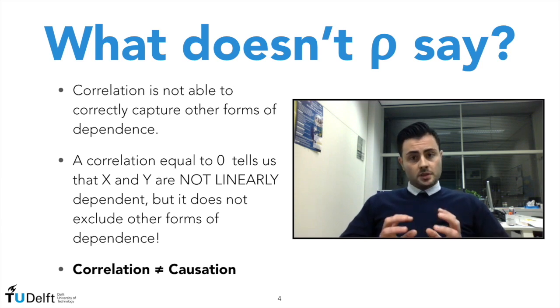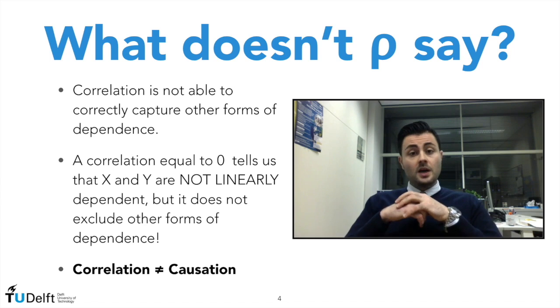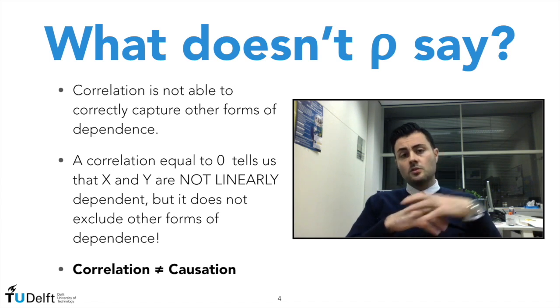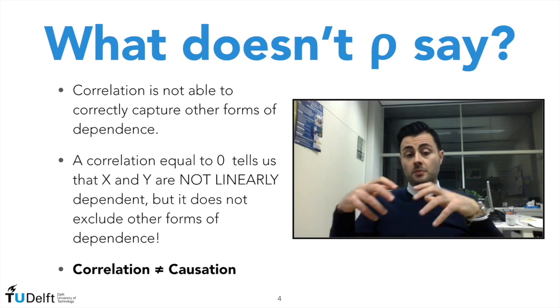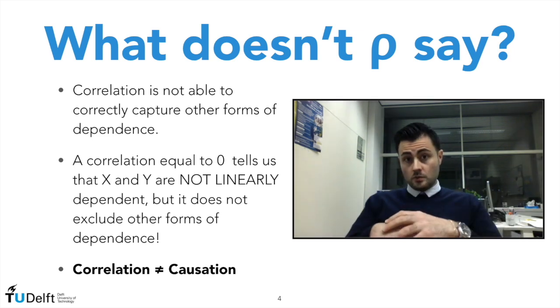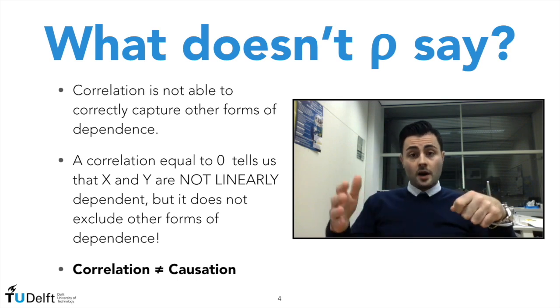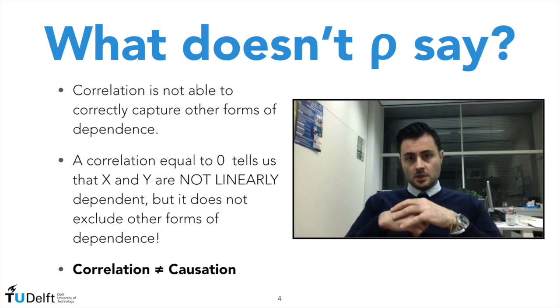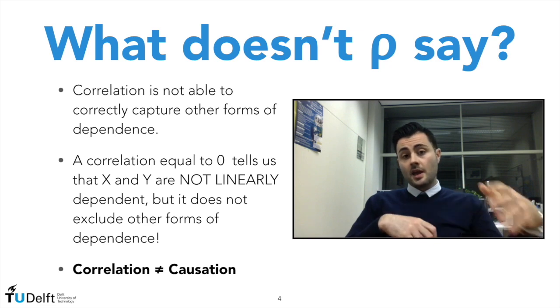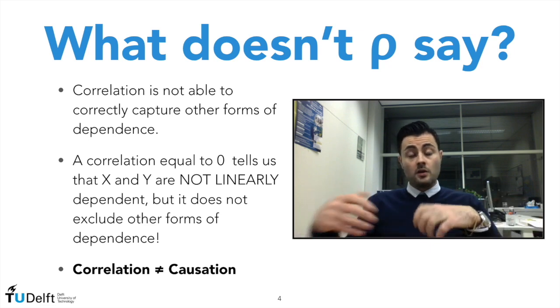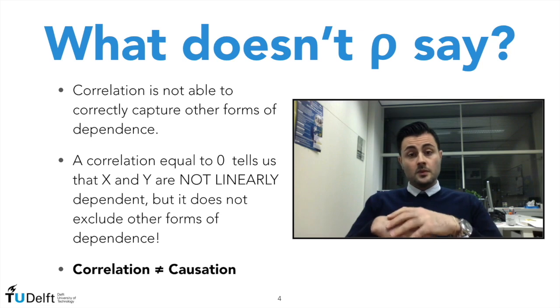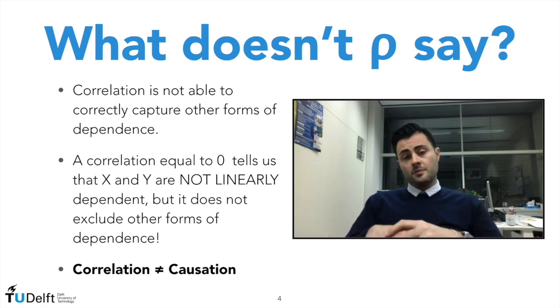Another important aspect to underline when we deal with correlation is that correlation does not imply causation. What do I mean? If I know that x and y are correlated, I cannot say that x causes y or vice versa. And the reason is very simple.